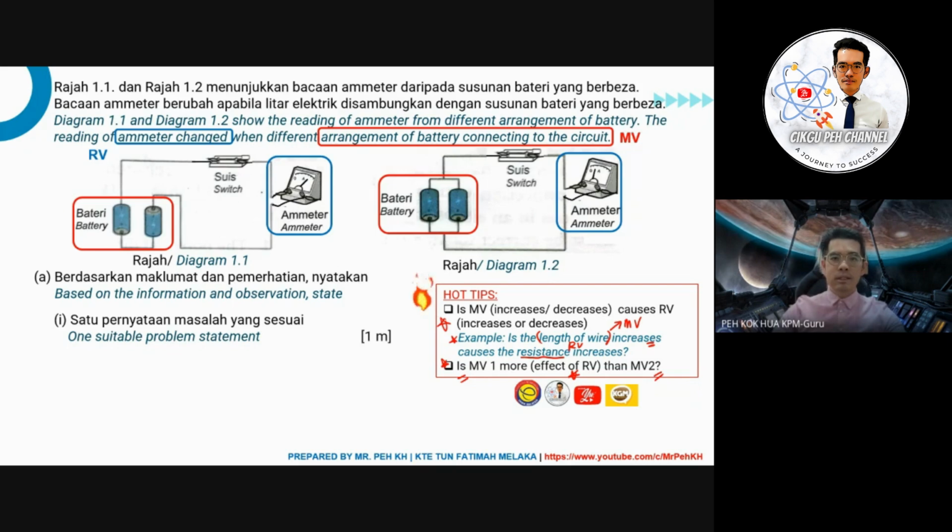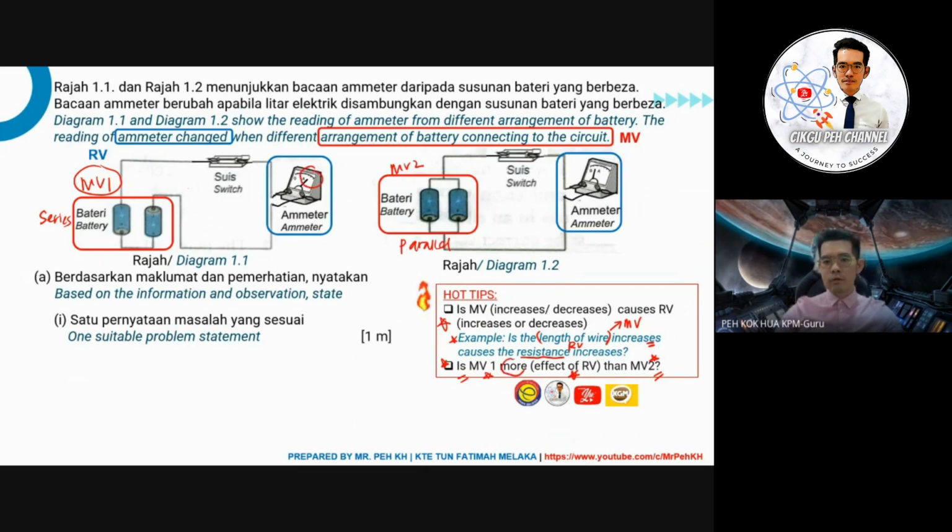So our MV1 is the arrangement of the battery in series, and our MV2 is the arrangement of the battery in parallel. The effect on the RV is the reading of the ammeter.